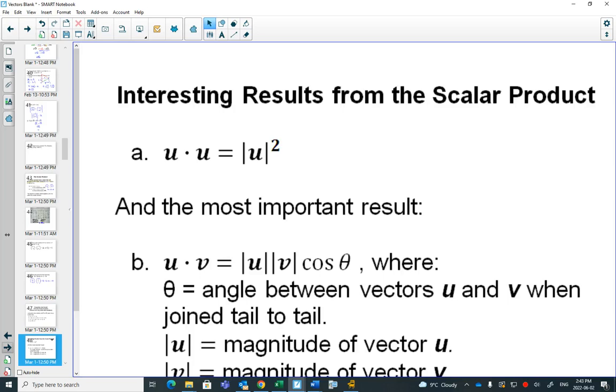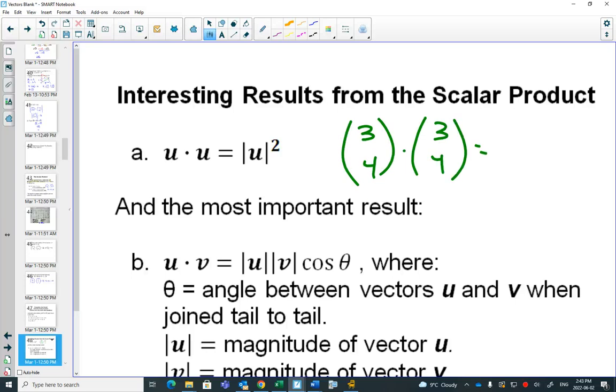If you do the dot product with something that is itself, so for example, if my vector is, let's do a nice easy one, 3, 4, and I do the dot product with 3, 4 again, I'm going to get 9 plus 16, which is 25.